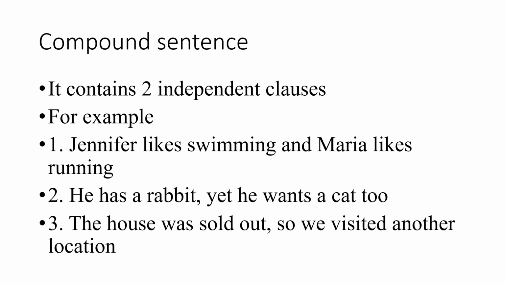"The house was sold out" is one main clause, and "We visited another location" is another main clause. So two main clauses joined with the coordinate conjunction make a compound sentence. I hope you will identify compound sentences very easily with the identification of these independent clauses and the joining coordinate conjunction.